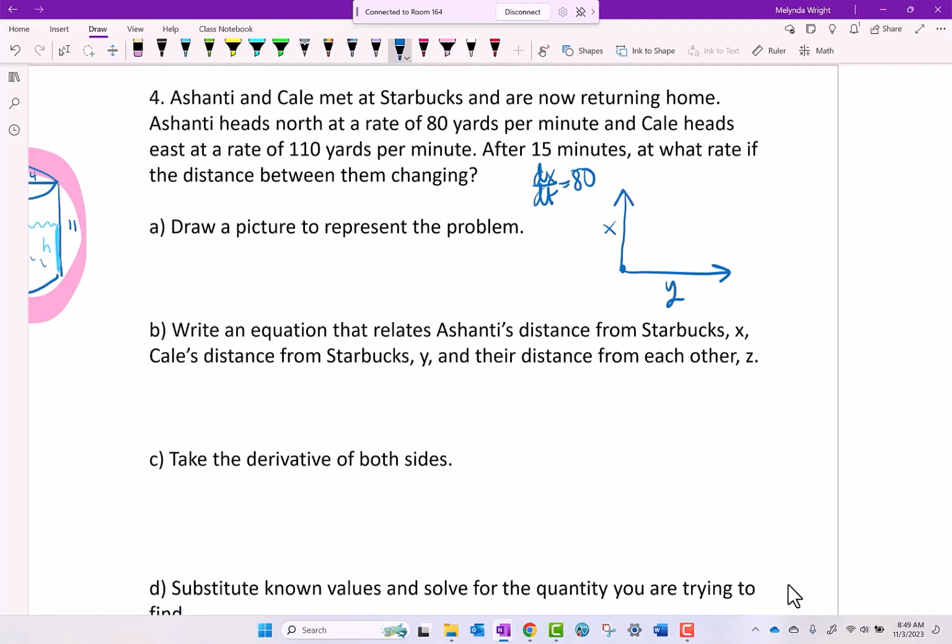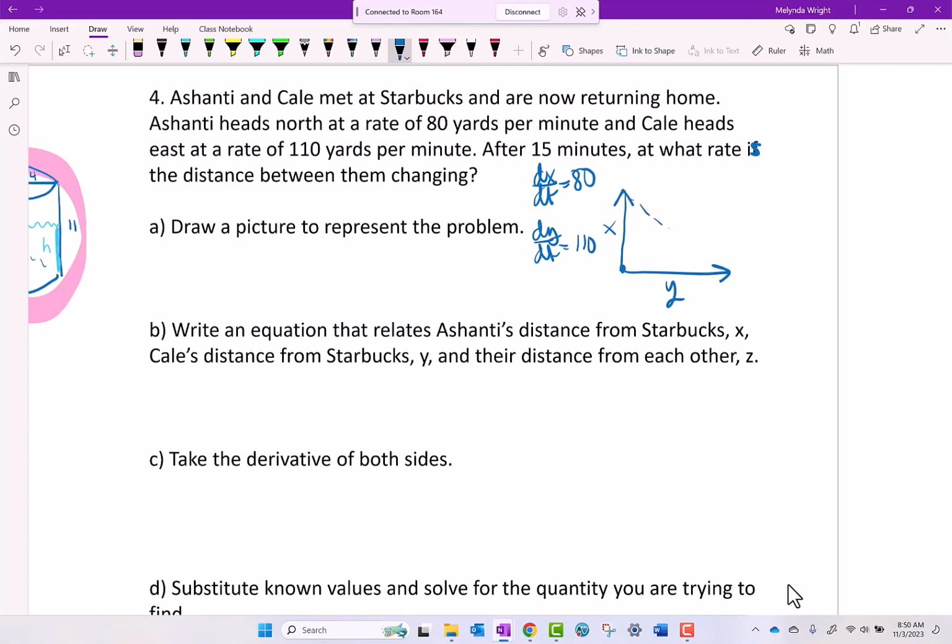And let's see, what do we have? So that rate, dy/dt equals 110. Okay, so at what rate is the distance between them changing? So we need to measure the distance.